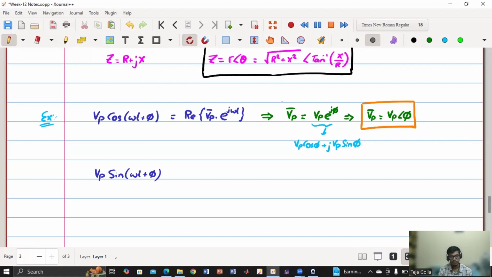Any idea how we'll be writing? Imaginary part of, we cannot write that, because if you write imaginary part, then there will be a j term also, right?